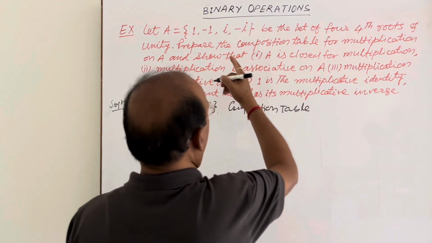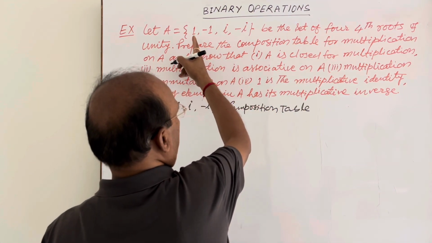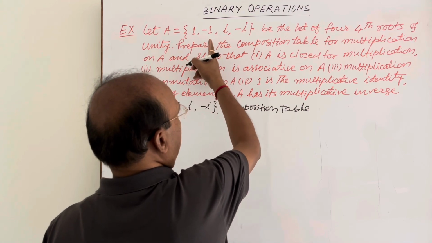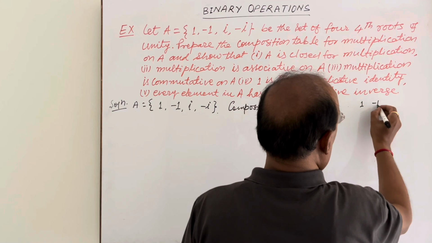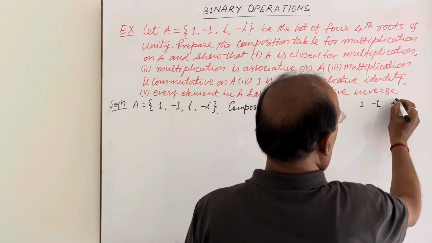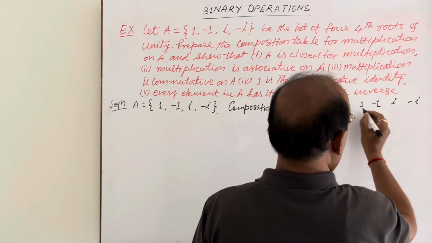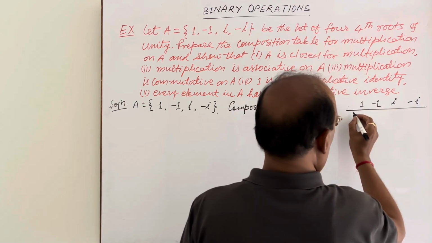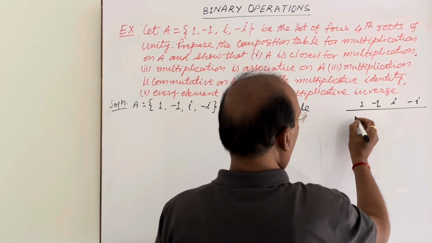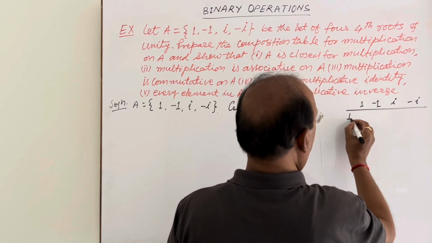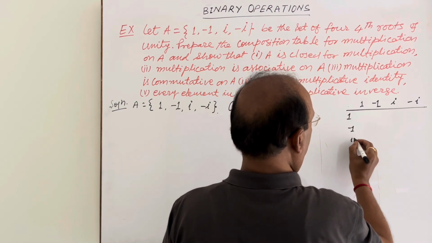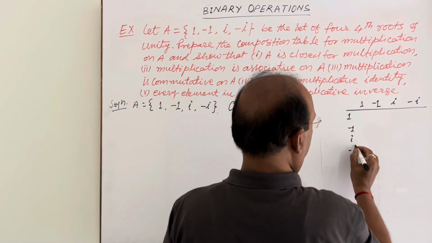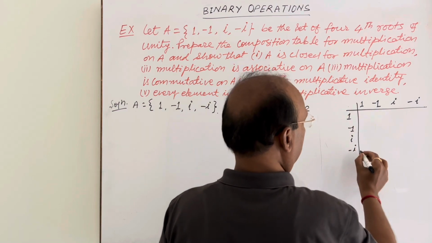So in the first row and first column we have to take these elements 1, minus 1, i, minus i, and in the first column we will write these elements 1, minus 1, i and minus i.